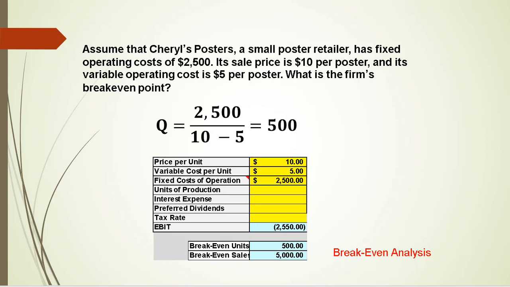Using the formula, we see that we need to sell 500 units, and the break-even point in units is 500 units. So what we find here is we can identify the break-even in units. That will give us an EBIT of 0. And then there's even a break-even in sales, in this case $5,000. If you take the price per unit of $10 times 500, $5,000 is the break-even point.